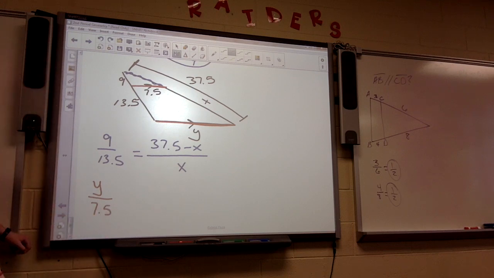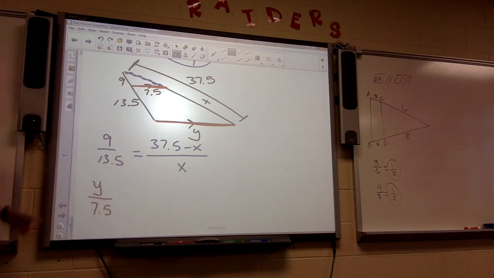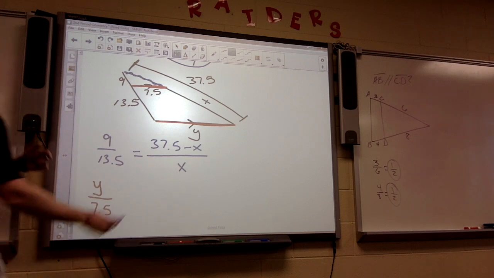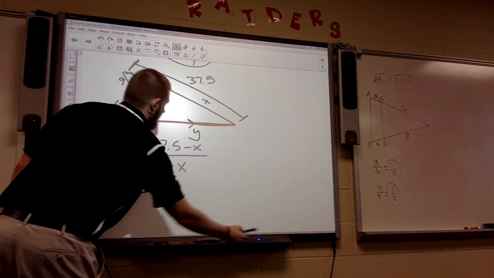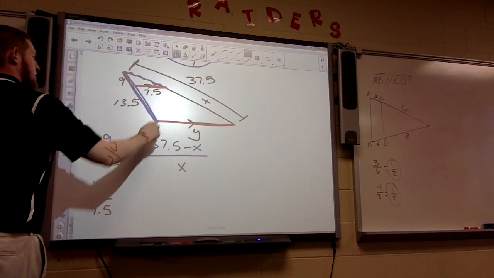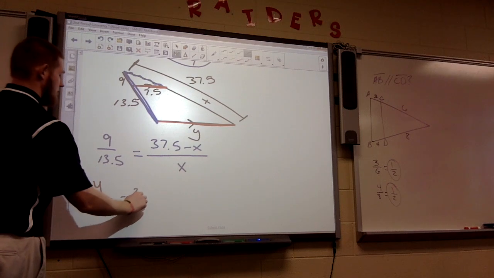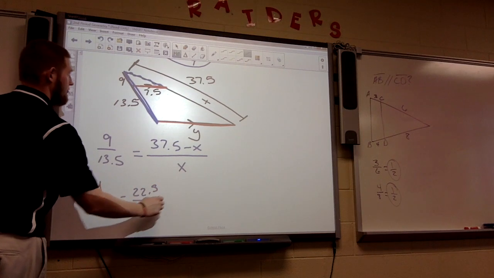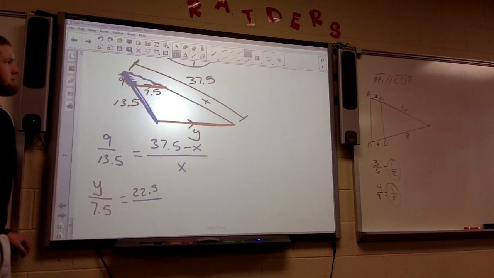It would be 13.5 plus 9. Right, over, so now we're going back to ways we used to solve it. The whole base of the big triangle over the whole base of the small triangle needs to be compared to the whole side of my big triangle, which is 22.5 over the whole side of my small triangle, which is 9.